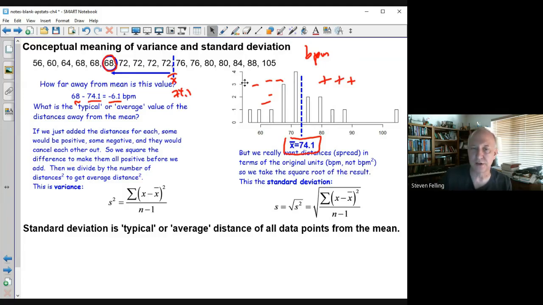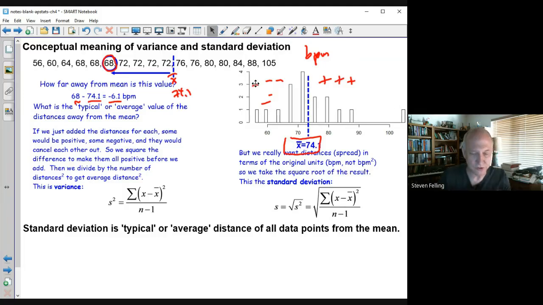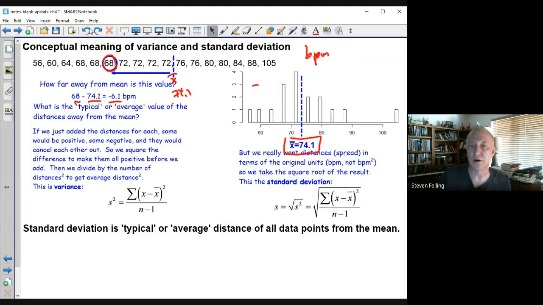So to avoid that canceling out, what we do is we just square that distance away, right? So if we square that distance away, it forces that to be a positive value. And so we have a bunch of positive distances squared, whatever these distances are, right? These were positive distances. These were negative distances. We square everything to make them all positive.